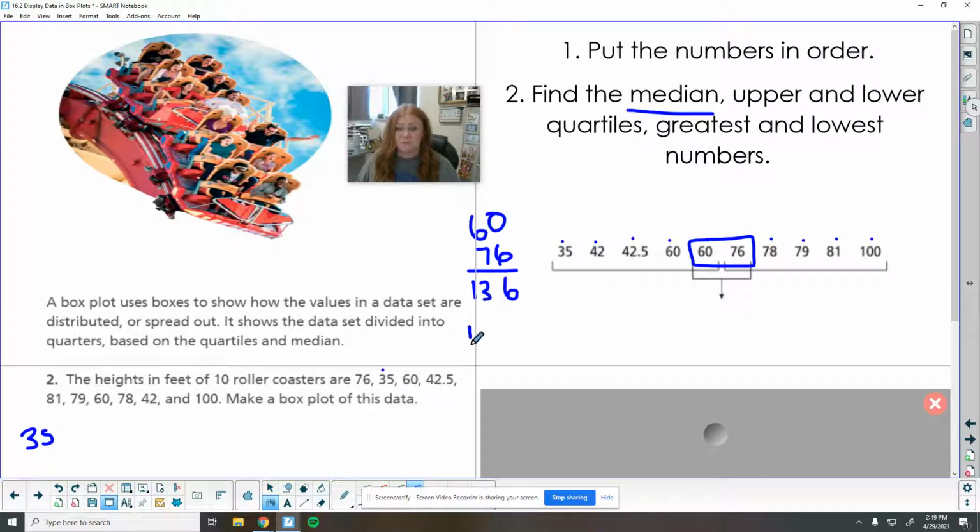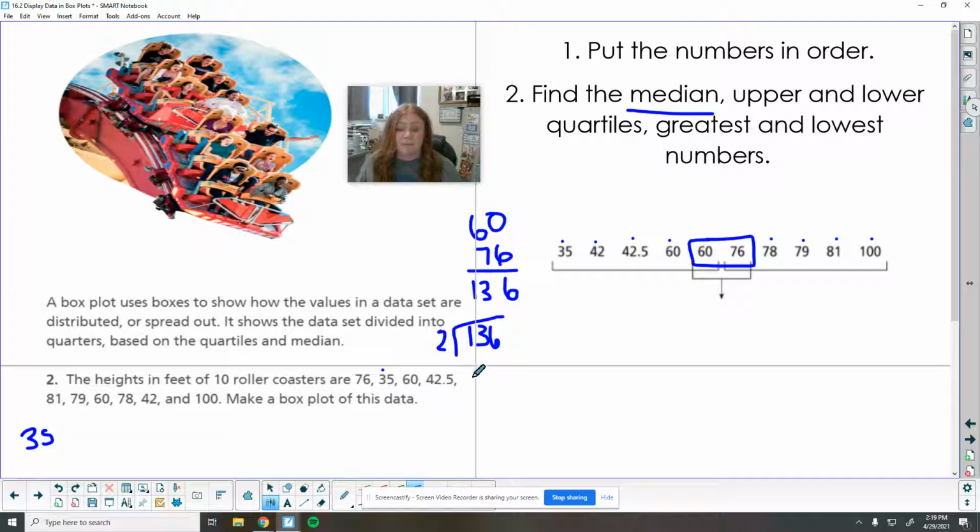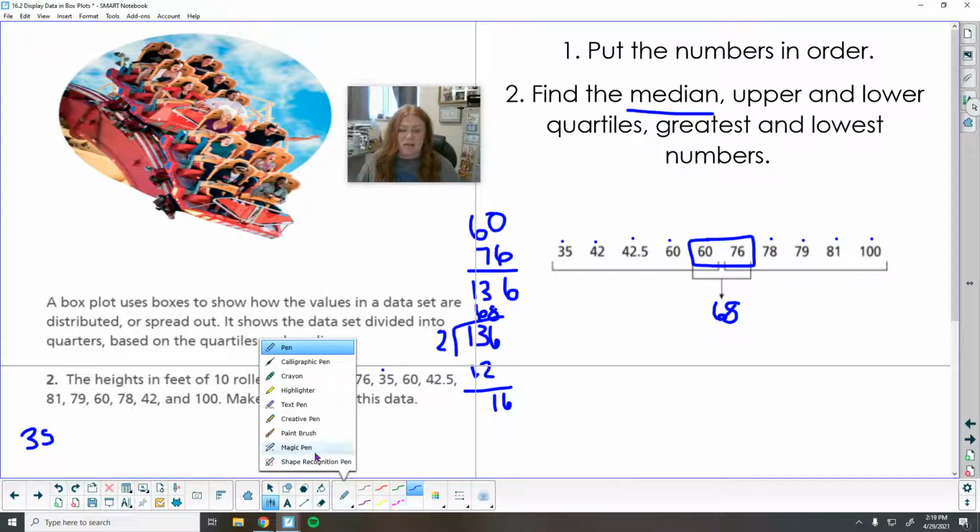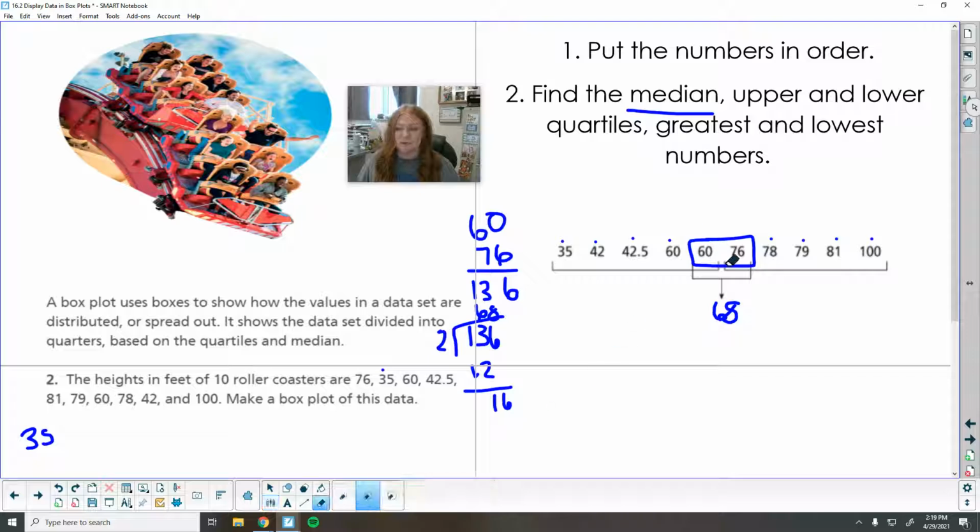So go ahead and do 136 and divide by 2 here. So that goes in there 6 times and 8. So my middle is 68. The median is 68.